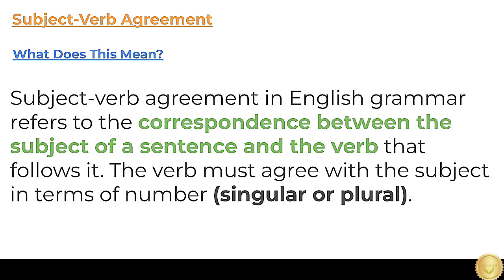So essentially, it all has to do with the number. Whether the subject is singular or plural determines whether the verb following it is singular or plural. So it's really important to make sure that they match, that they're shaking hands, that they're in agreement. Otherwise, this will upset the whole sentence if they are mismatched.